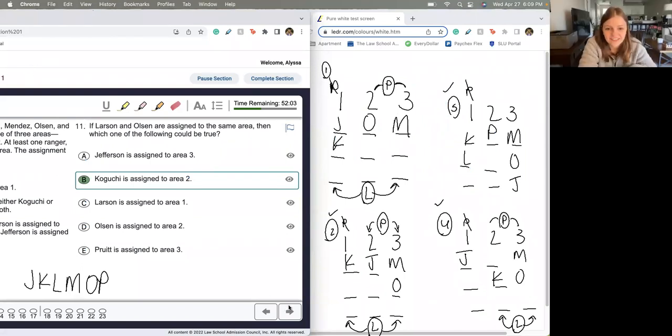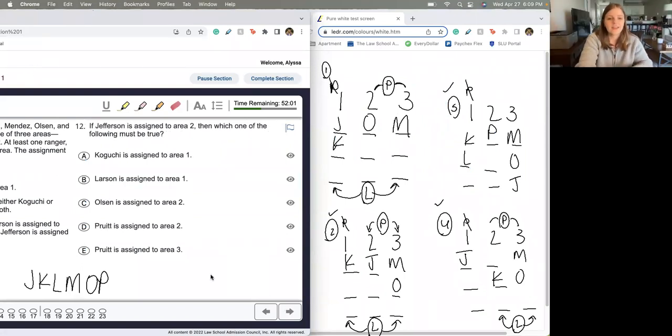Okay. Last one. If J is assigned to area 2, which one of the following must be true? So let's try predicting this one. So it's giving me an if again. So if J is assigned to area 2, let's figure out where J is assigned to area 2. Where in my diagrams can we put J in 2?